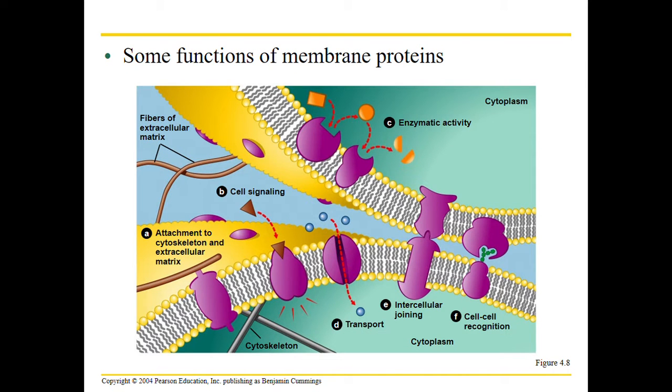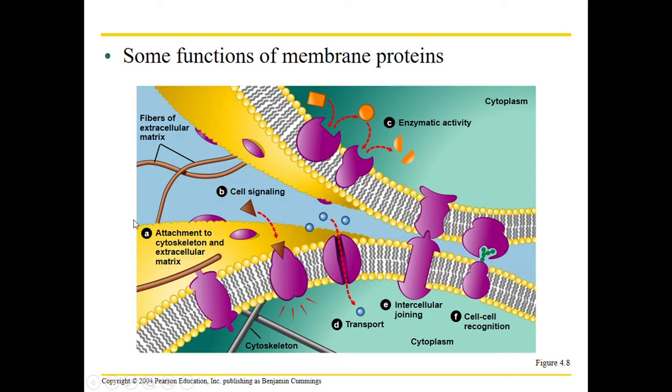And then some functions of membrane proteins. Here we have different membrane proteins. You can have these side or peripheral proteins that attach to the inside and outside of cells. So that's what we see here, and we'll talk about each of these.